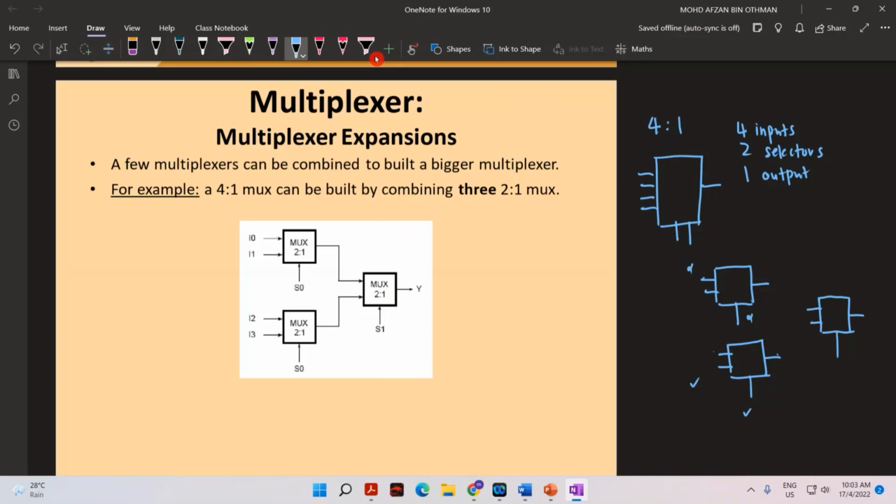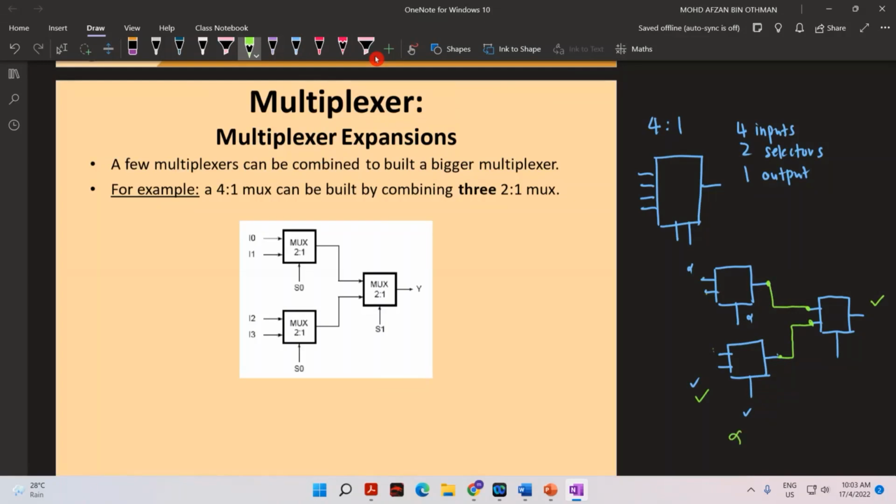So what happens is you need to have another 2:1 mux and then do the wiring from here masuk ke sini, and yang ni masuk ke sini. Okay, check balik. Ada 4 input, 1, 2, 3, 4. Betul. Ada 1 output, which is betul. And then now, ada berapa selector? 1, 2, 3. Salah pula.